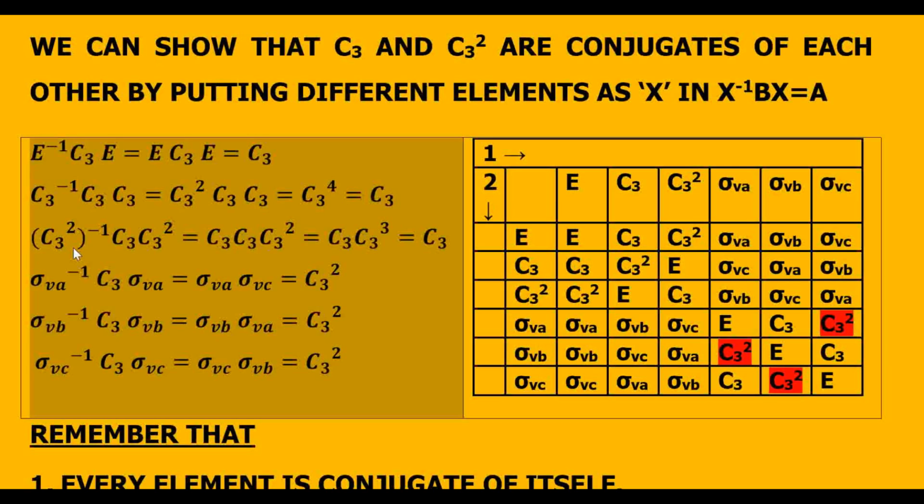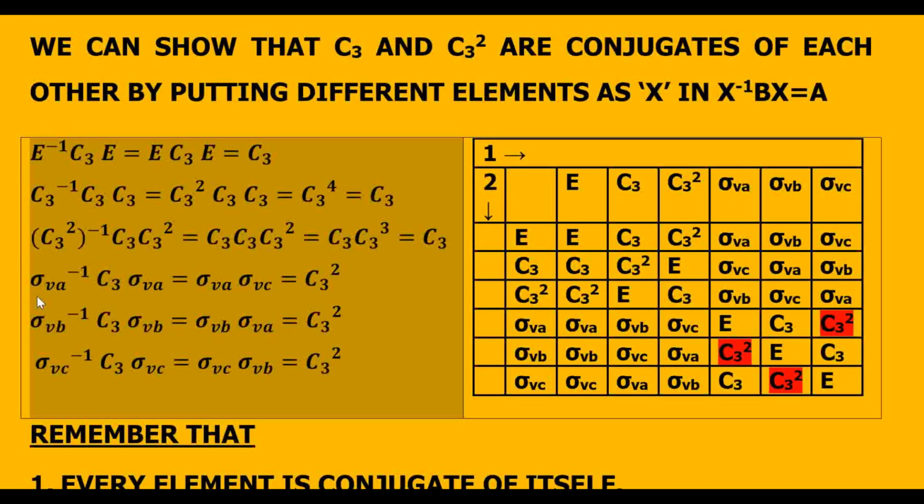A rotation of 240 degrees anti-clockwise is equal to a rotation of 120 degrees clockwise, and that is called C3. So in place of C3 square inverse, I will put C3. Now you have C3, C3 and C3 square, that is equal to C3 into C3 cube. But you know that C3 cube is always equal to E. Therefore the result is C3.